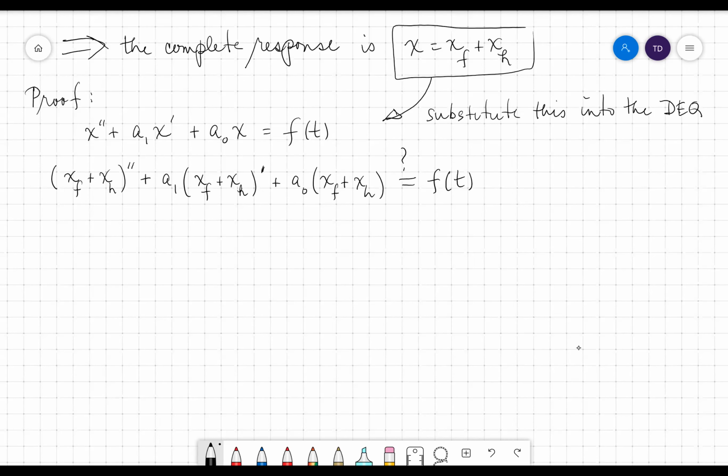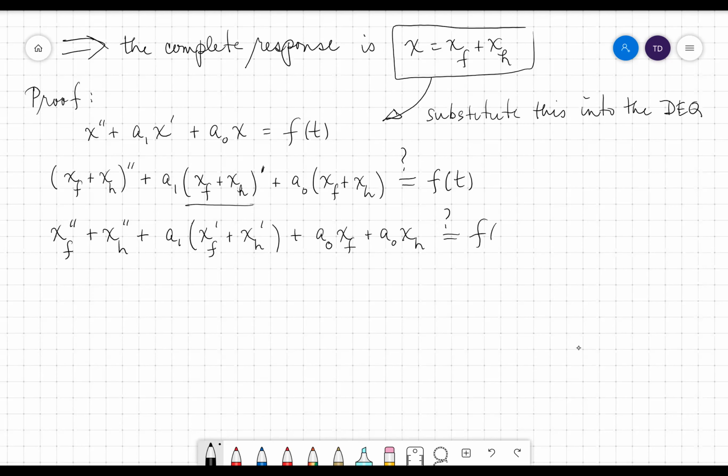So now I'm going to expand. Remember from your calculus, the derivative of a sum is equal to the sum of the derivatives. So this first term is nothing more than xF'' + xH'', plus a1 times a sum of derivatives, xF' + xH', and then finally the last terms, a0 xF + a0 xH.